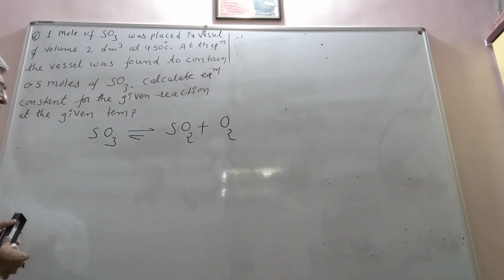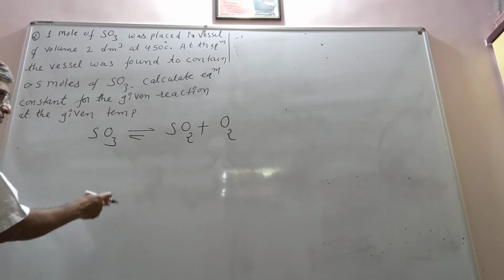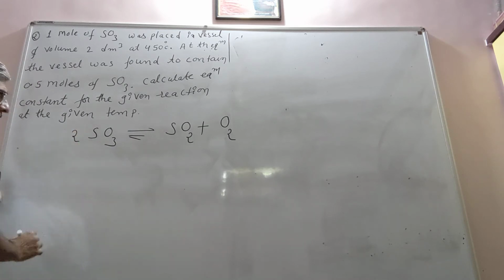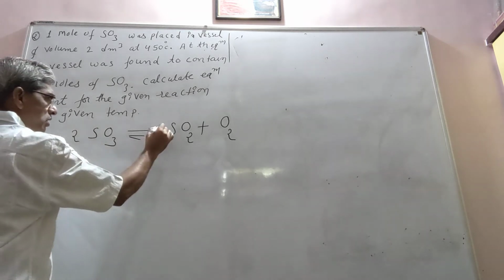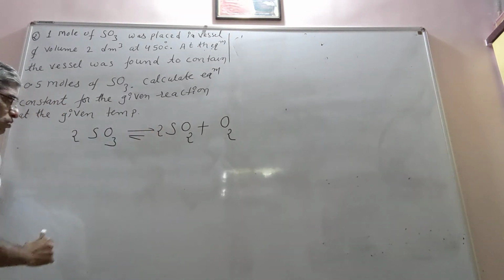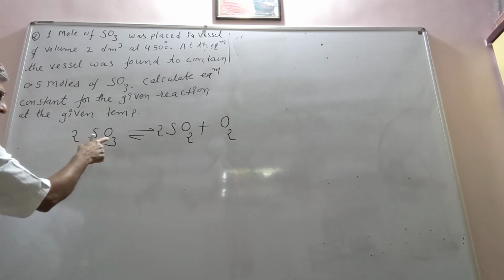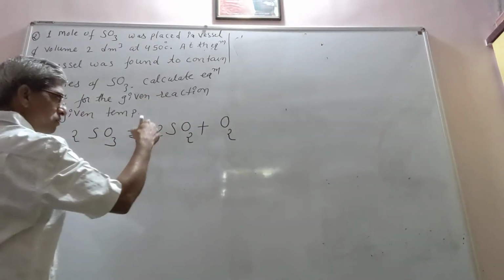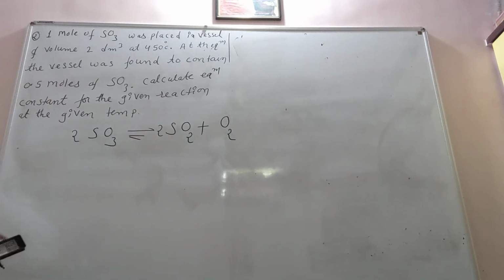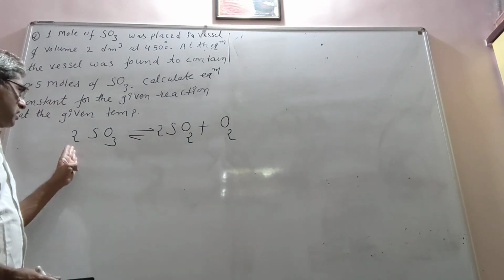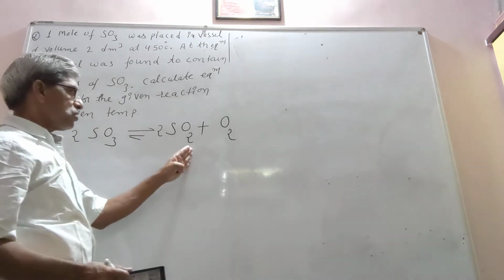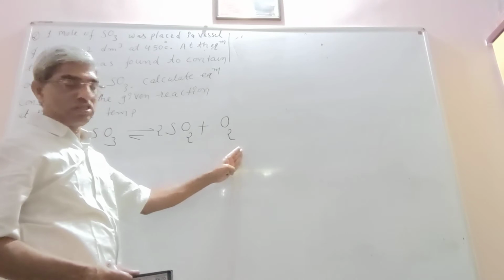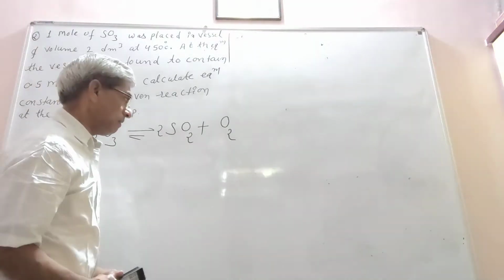Now to balance this reaction, twice SO3 and then twice SO2 and O2. 2 into 3 is 6 oxygen; 2 into 2 is 4, and these are the 2 oxygen atoms, and 2 sulfur. The equation is balanced. This is 2SO3 gives 2SO2 plus O2. This is the balanced chemical reaction for the given numerical.